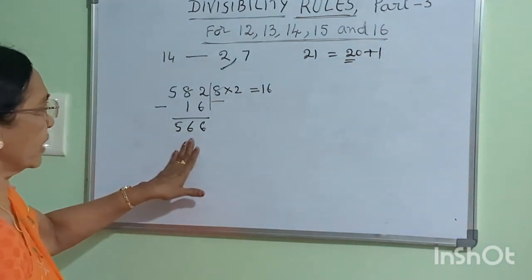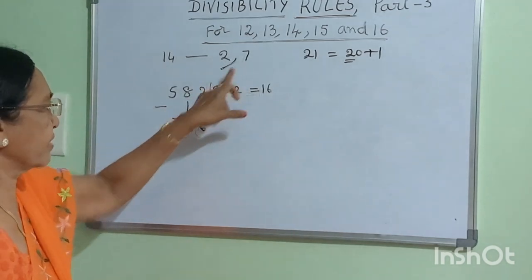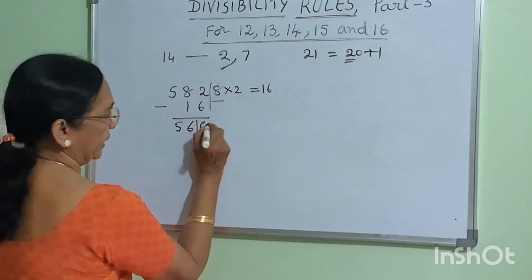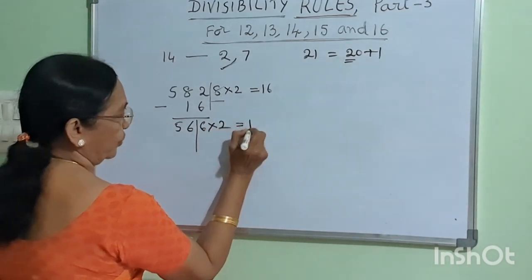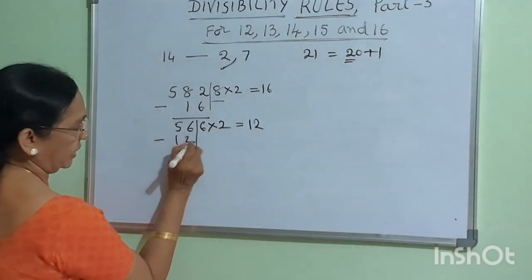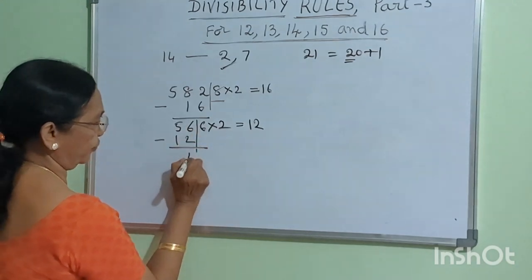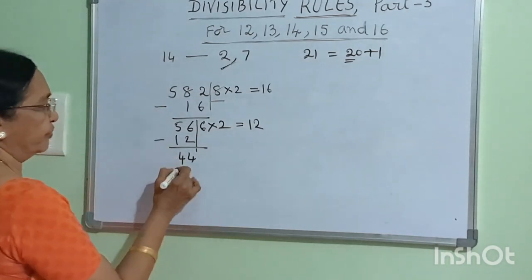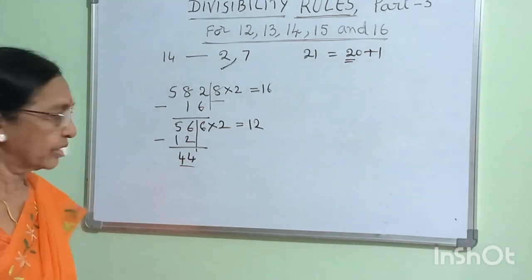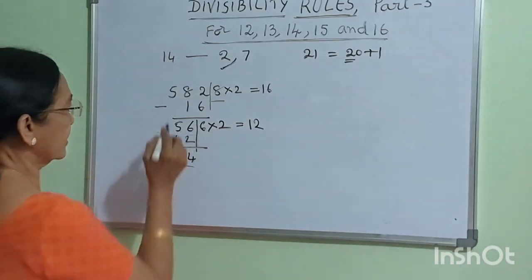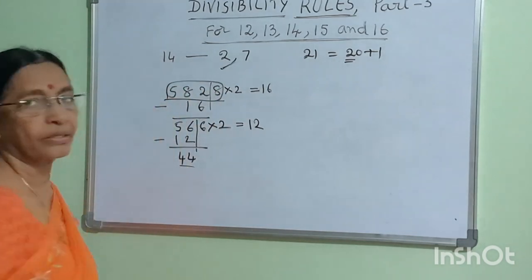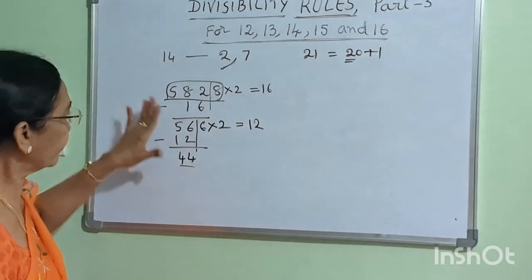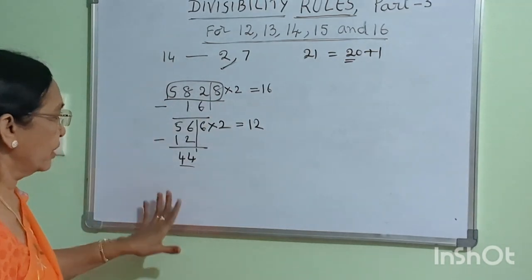We can't say whether this number is divisible by 7 or not. Therefore again apply the same rule. Separate the units digit, multiply it by 2, we get 10, and subtract it. 6 minus 2, 4; 5 minus 1, 4. So 44 is not a multiple of 14, so this is not divisible by 14.